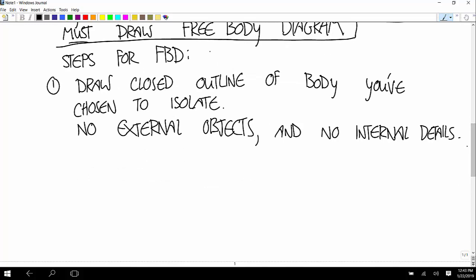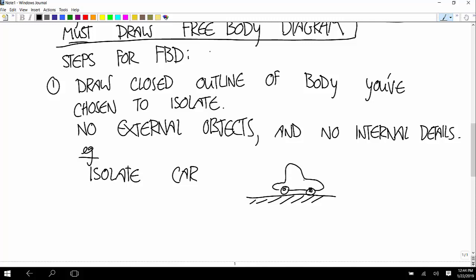So for example, let's say that we're going to isolate this car. And the car is sitting on the ground. I was going to draw a cat, but better drawing pigs.